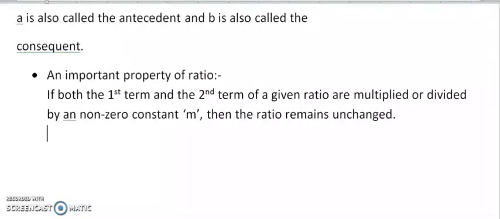How? So obviously we know that A upon B, okay, that is the given ratio.